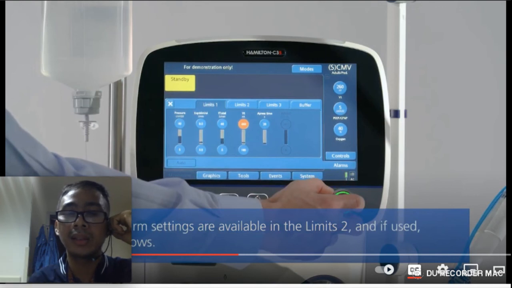So digitally, you can navigate it by touching a certain limit for your tidal volume, your peak airway pressure, your minute ventilation. So such terms are new to you. We are more on clinical approach, no? You need to apply the theories in the ventilator actual settings, no?